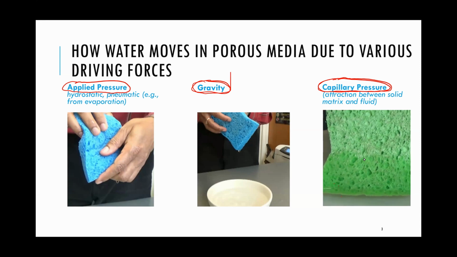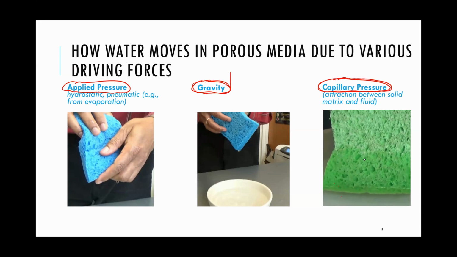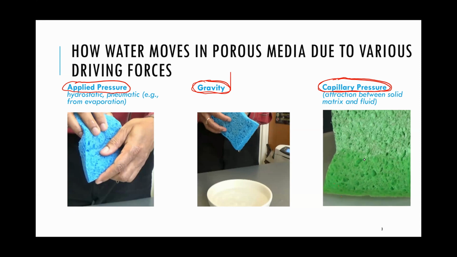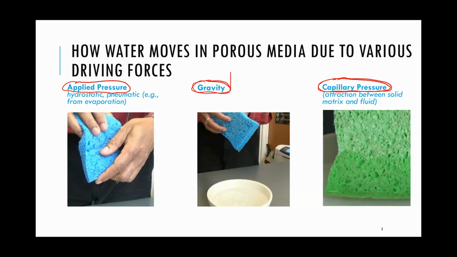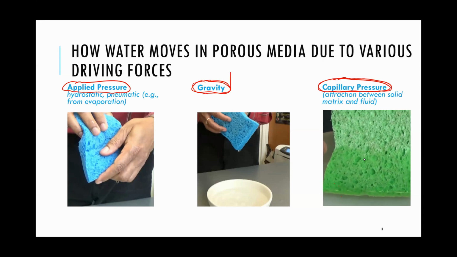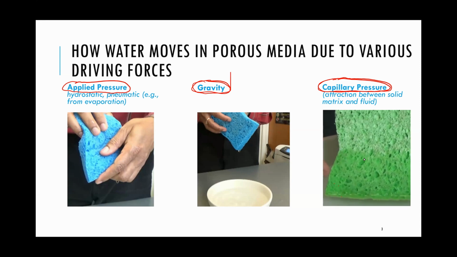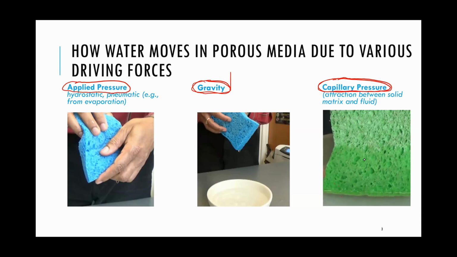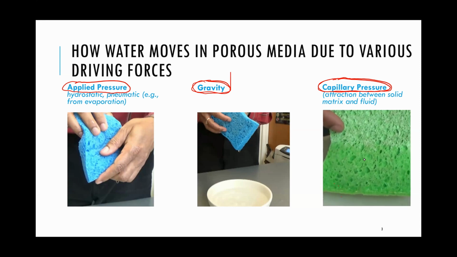So if we think of the last two, the gravity and the mechanical forces pushing water out, as being positive forces, then this one, the water is experiencing a negative force. It's actually just being pulled into the sponge.